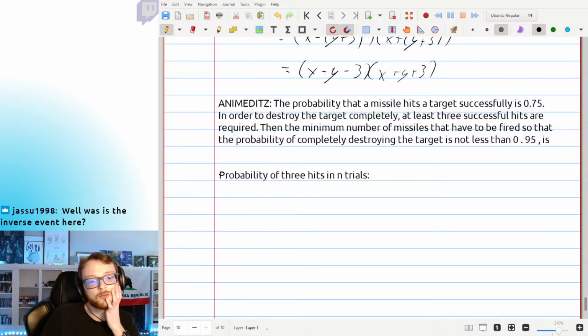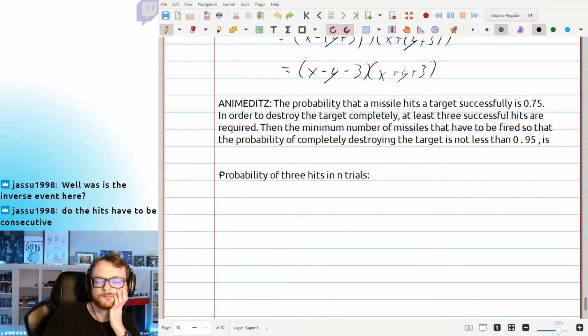Oh, Jess, you want to think about the inverse? That might be, well, it's weird because we're bounding it. No, I don't think we're going to require consecutive.